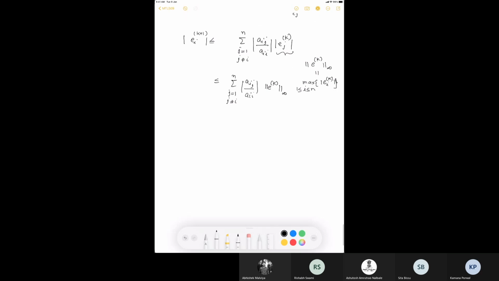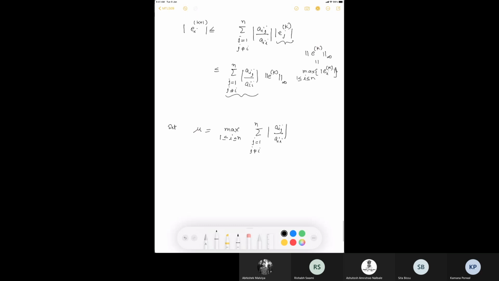So further, let's take this factor, the summation over j equals 1 to n, j not equal to i, of aij divided by aii, and note that the summation is over all the j's, right? Now I'm going to take the maximum over all the i's, and I'm going to call this mu.